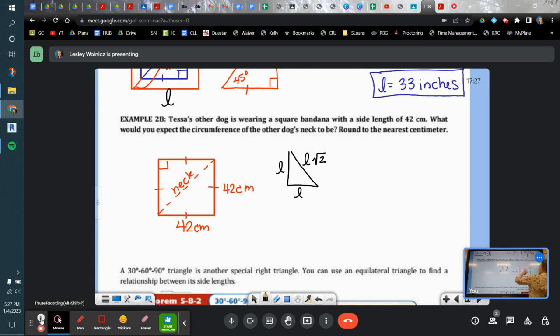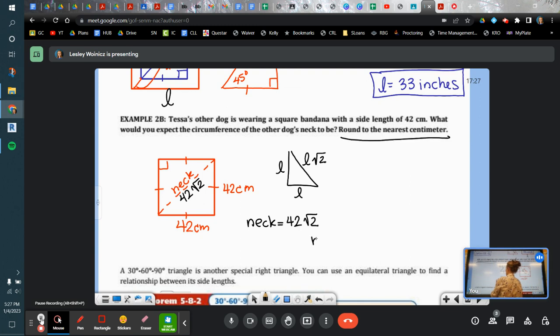So I just have to do 42 root 2, and I'm done. So neck equals 42 root 2. Oh, and they said round to the nearest centimeter.